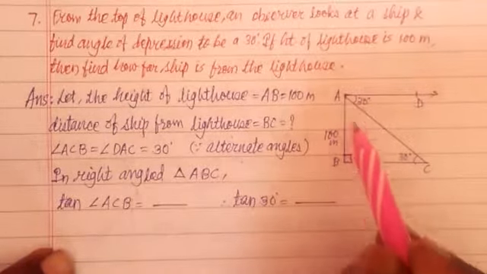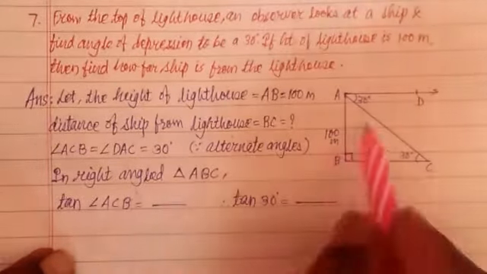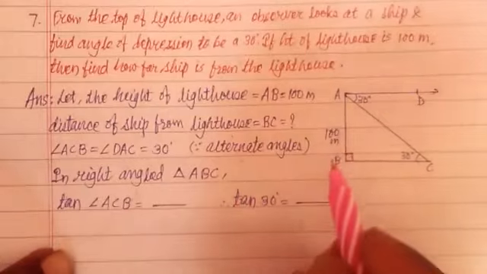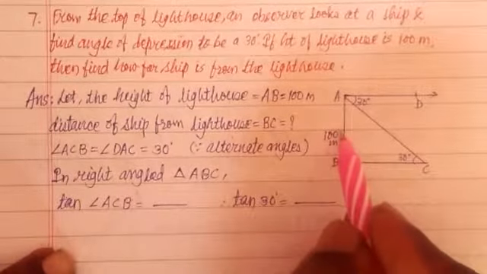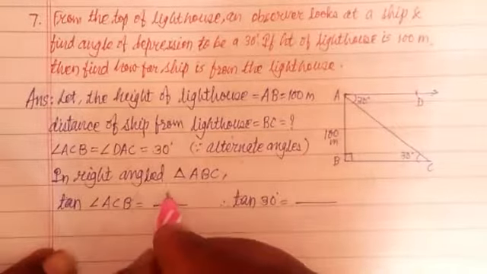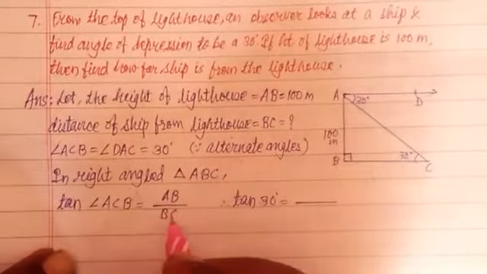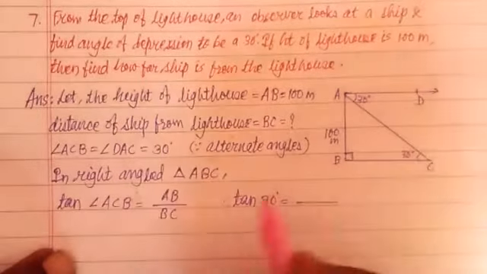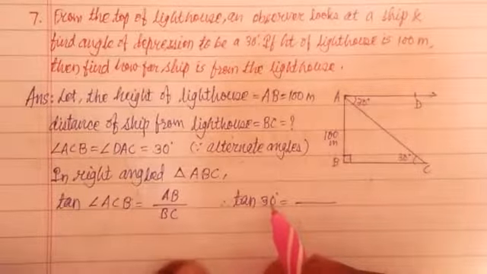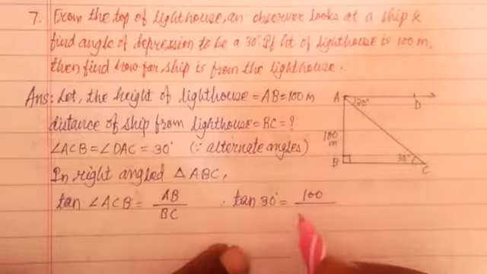Now in this right angle triangle ABC, tan ACB is equal to, tan ratio means opposite side upon adjacent side, means AB upon BC. Now tan ACB means tan 30 degrees is equal to AB, which is given, 100 upon BC.